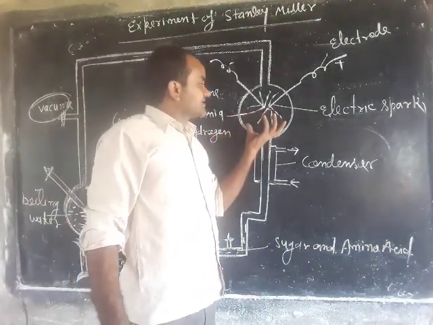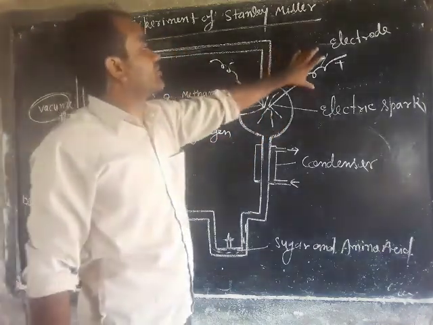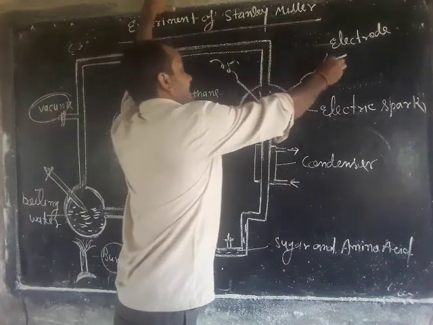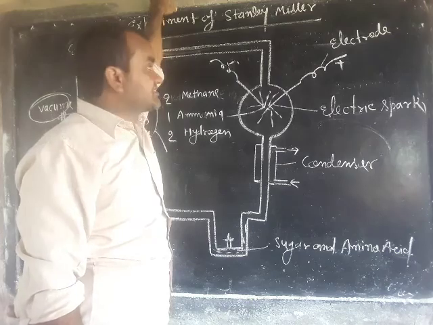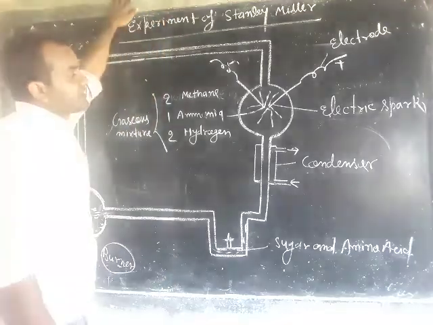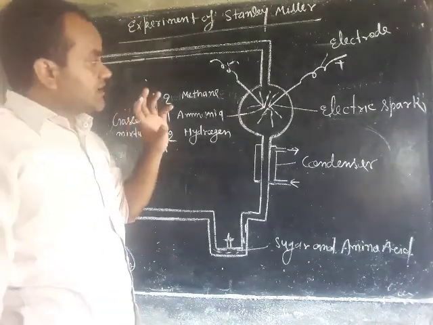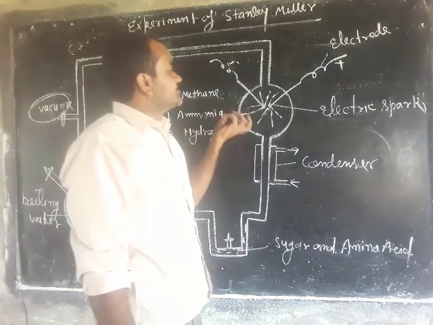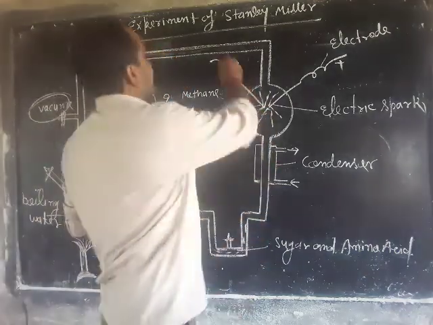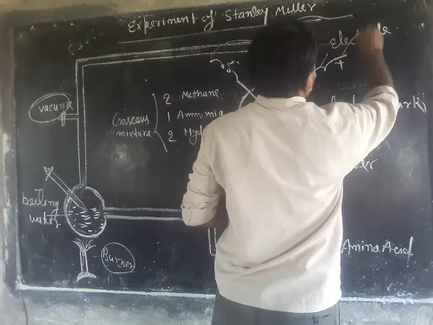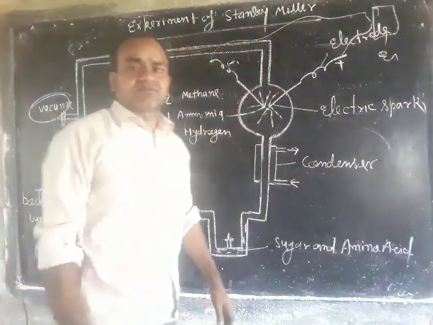In the large flask, he had arranged electrodes, a plus and a minus electrode made of tungsten metal. He arranged the two electrodes connected with a switch or with the electric supply.